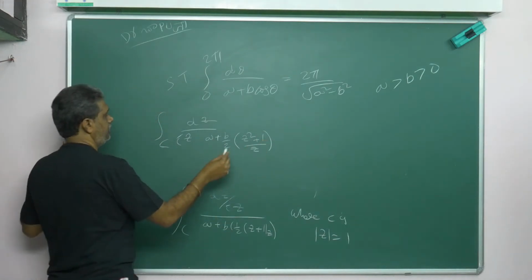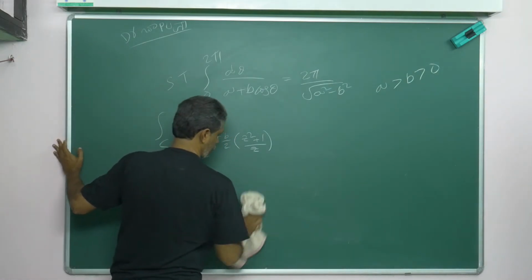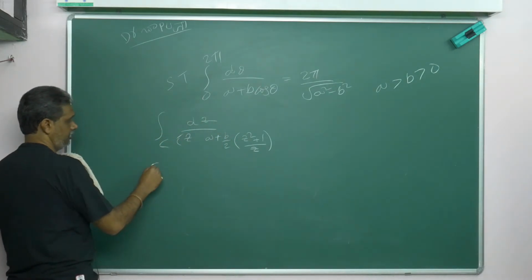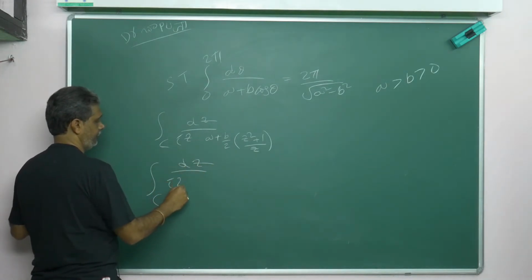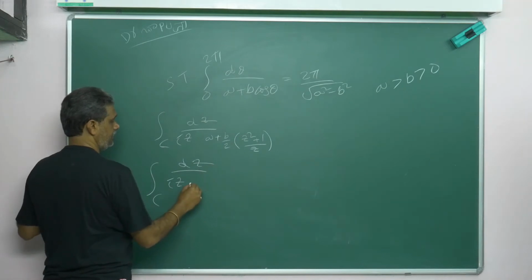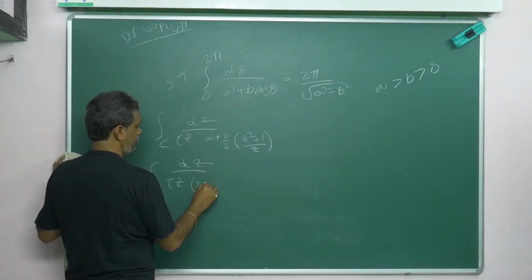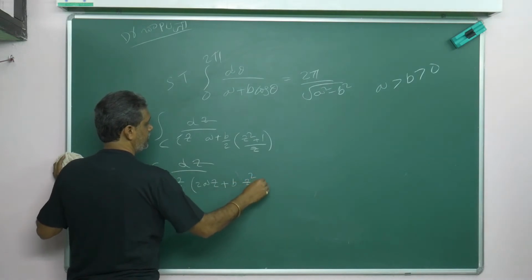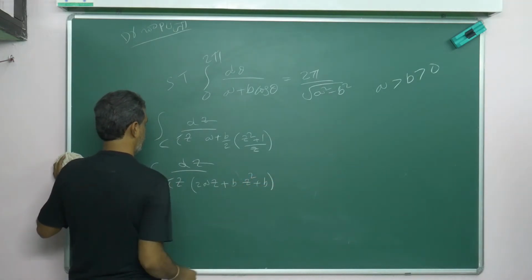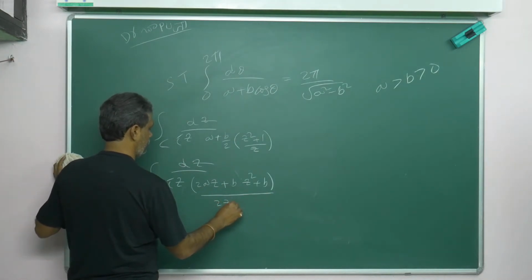Then again if you take the whole LCM, where c is modulus z is equal to 1, that you should not forget. Integral over c dz by iz. If you take LCM, what you will get? 2z. Then this becomes 2az plus bz square plus b by 2z, that you should not forget.